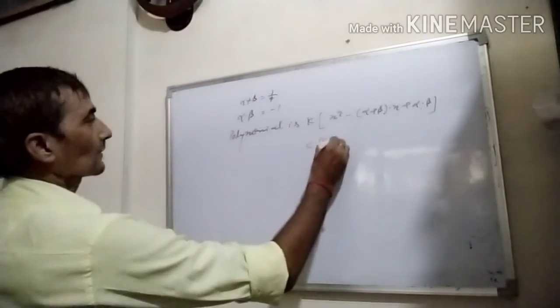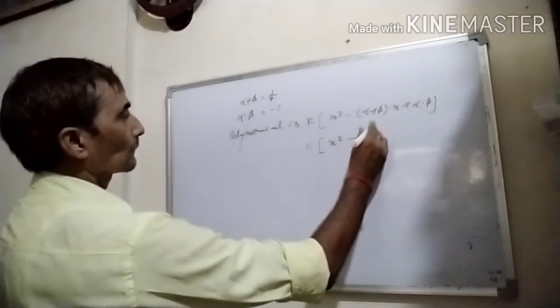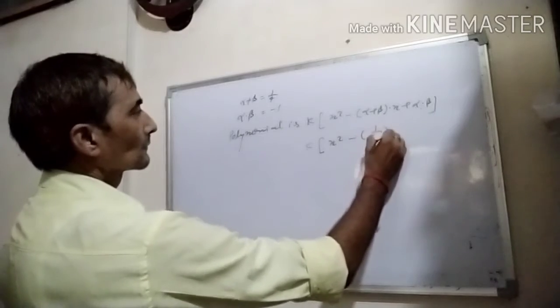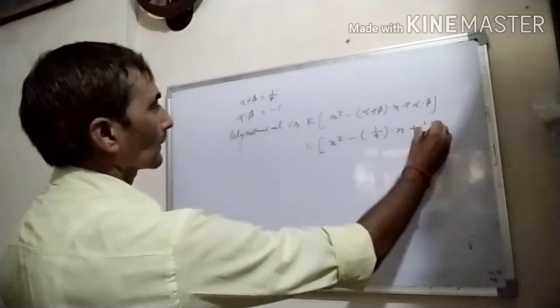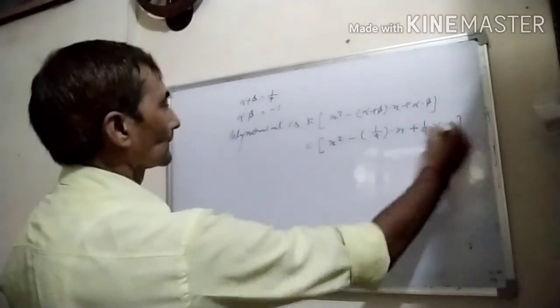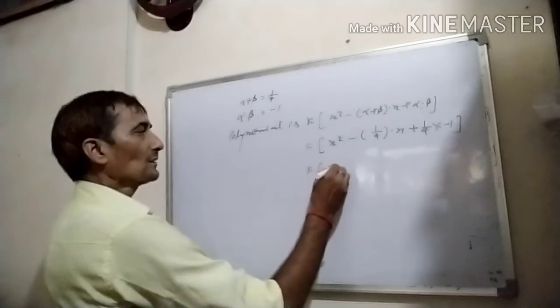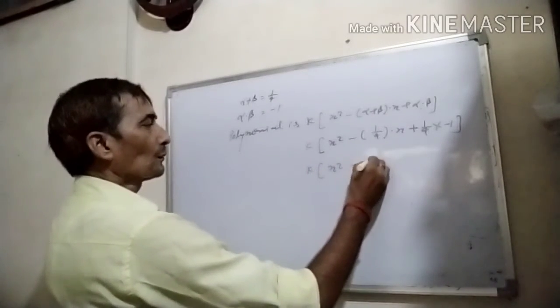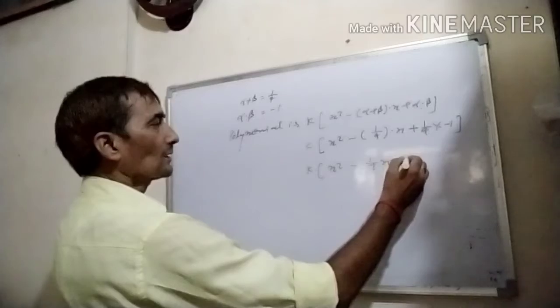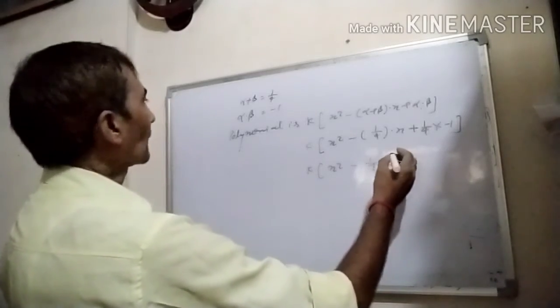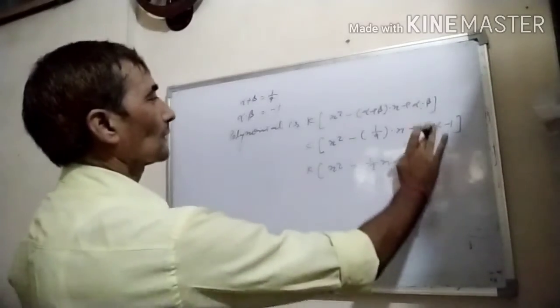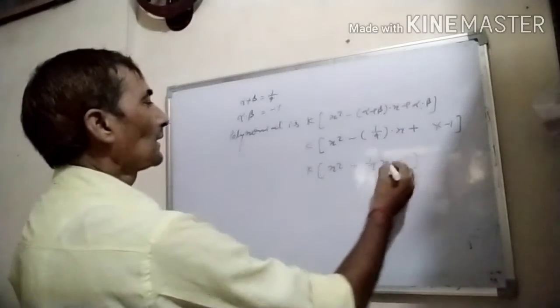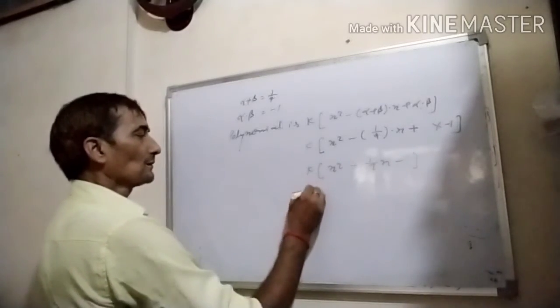Therefore k[x² − (1/4)x + 1 × (−1)], that is k[x² − (1/4)x − 1].